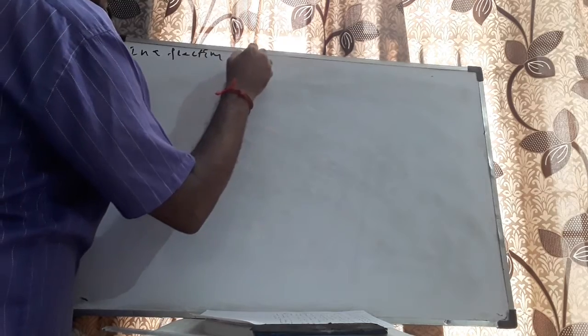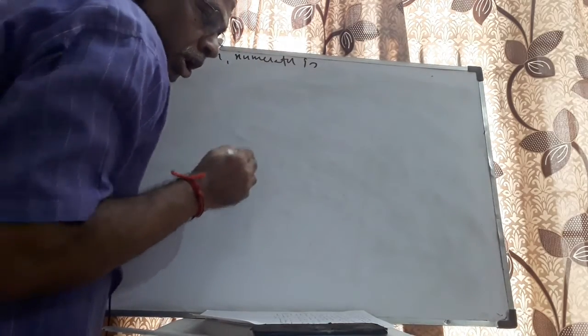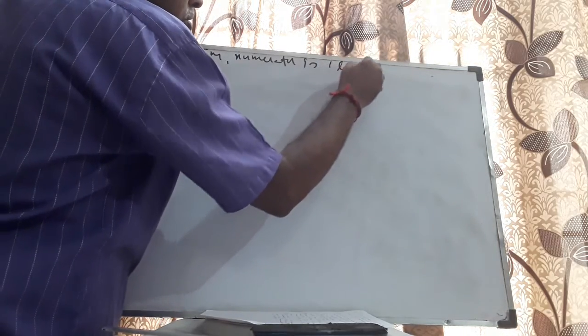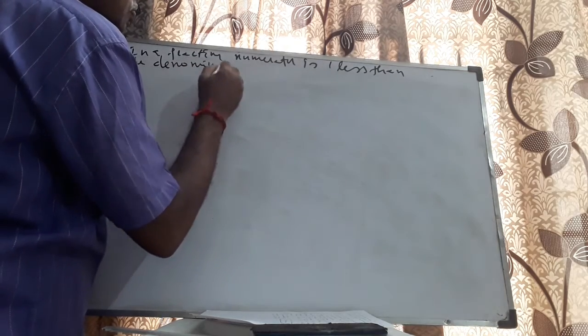In a fraction, numerator is 1 less than the denominator. Numerator is 1 less than the denominator.